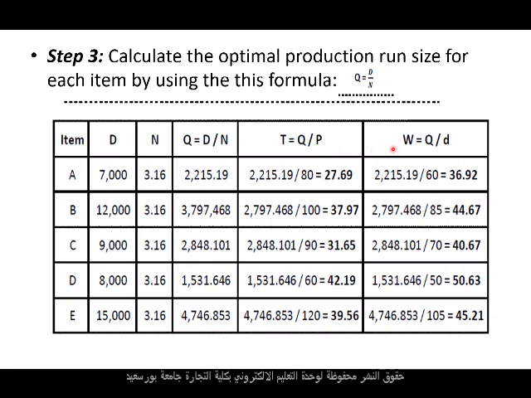Cycle time, or the total processing time, is Q over D. I think now we have reached the final step: how to calculate the optimal production run size for each item, and also the production time and cycle time as well. Move to the next slide.